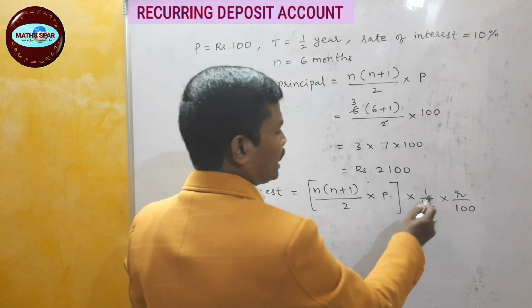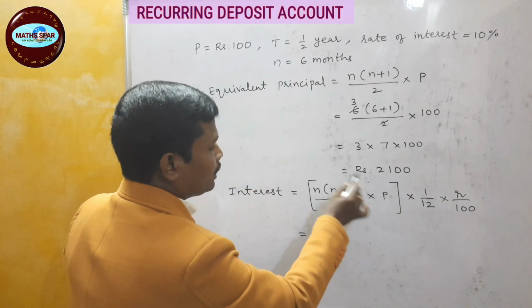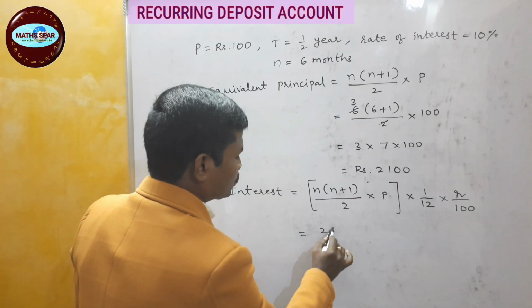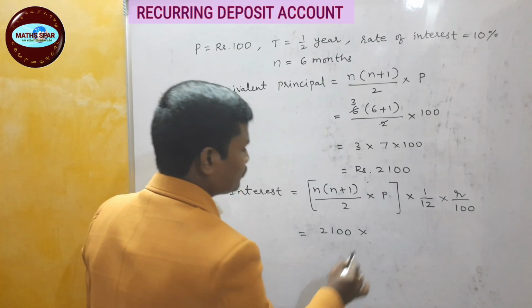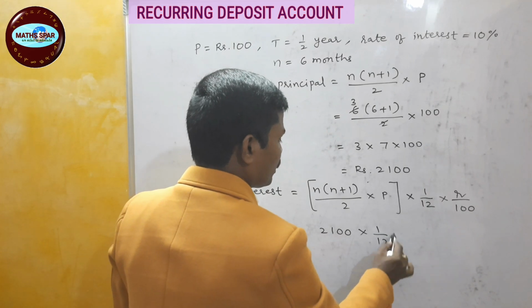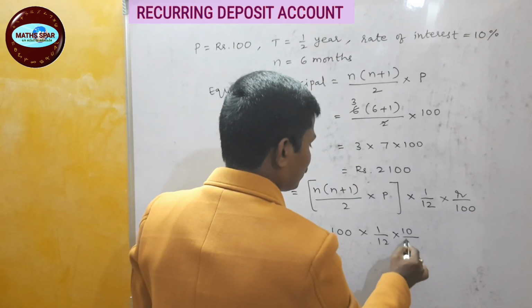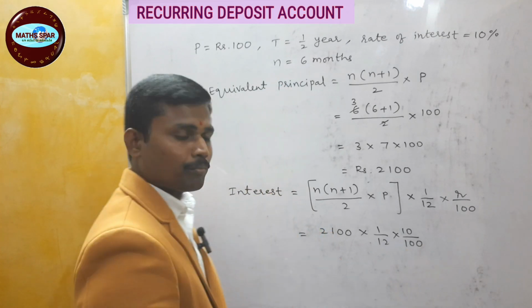So PTR by 100. Then here this value, as you know, as 2100 into 1 by 12 into R by 100. R we assumed as 10 by 100.